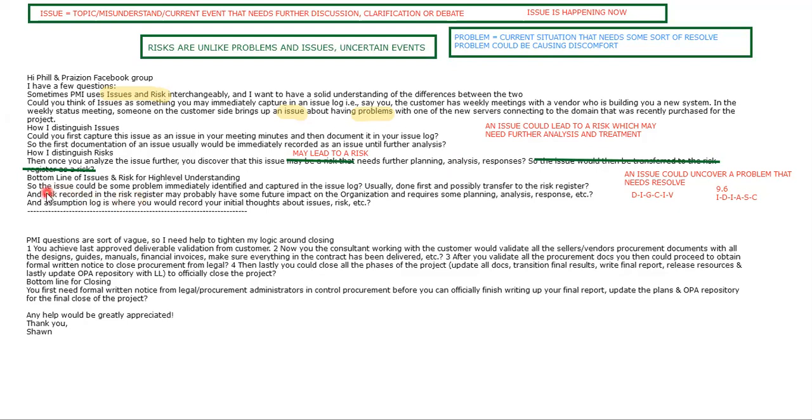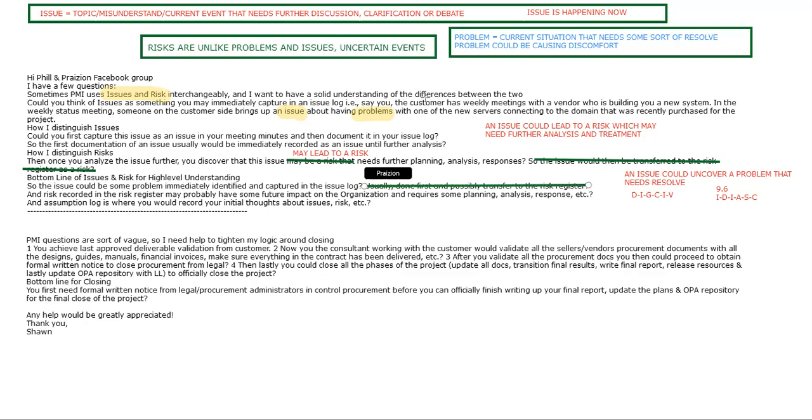All right. You go further to say, the issue could be some problem immediately identified and captured in the issue log. That is correct. Usually done first. So it is not being transferred to the risk register because it is not the same circumstance that we're saying is a risk. It's important that we compartmentalize risks as uncertainty, positive or negative, that can affect the project.